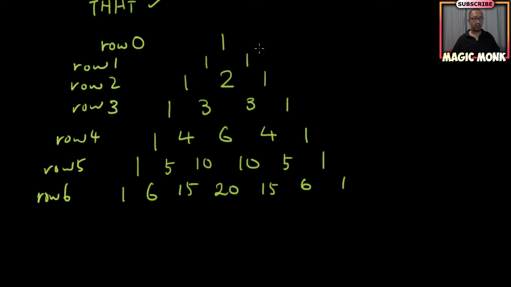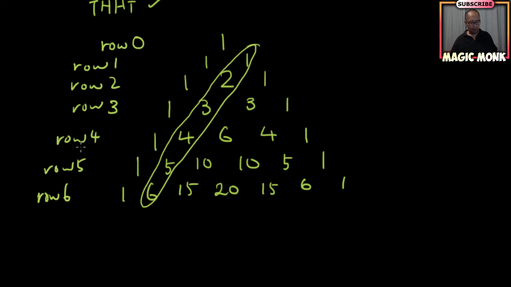Basically, the second number in the row tells you the row number, so I guess you didn't really need to write that out. But basically, the row number represents n. Okay, the row number represents n.